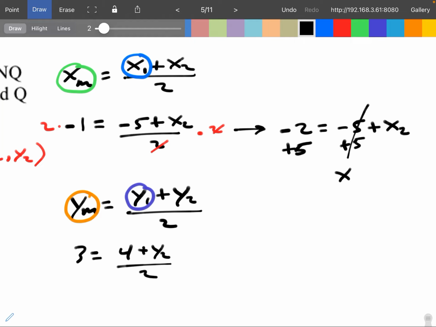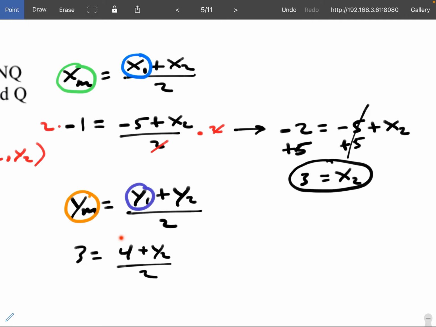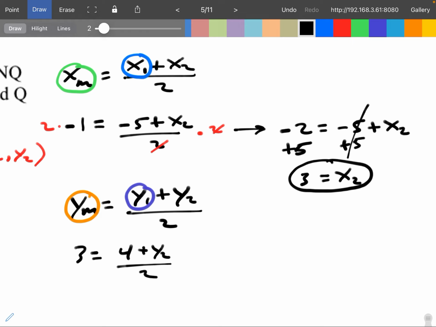And on the right-hand side, the 2's canceled out, so I just got -5 plus x sub 2. How do I finish solving that for x? Yep, add 5 on both sides. These cancel out, and I get the x coordinate for my missing endpoint is equal to -2 plus 5, that's 3. So we got that one.